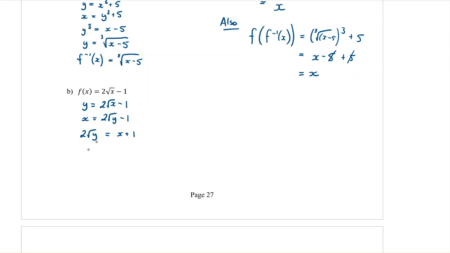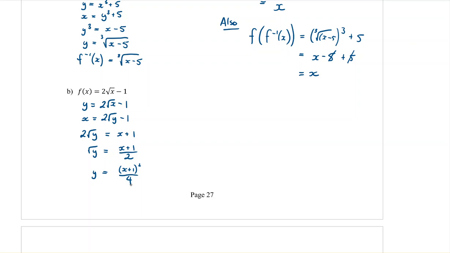Then I'm going to divide by the 2, so all over 2. And then to get rid of a square root, I have to square both sides. So that would be y equals, to square that fraction, I want to square the top, which would be x plus 1 all squared, and square the bottom, which would be a 4.